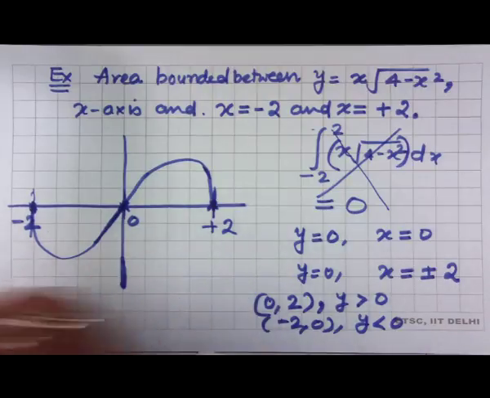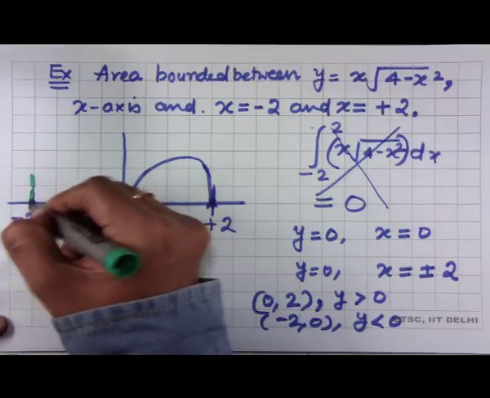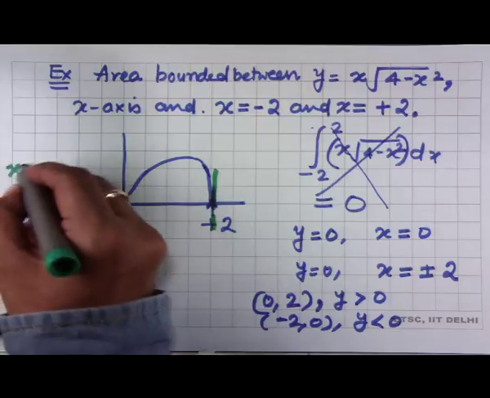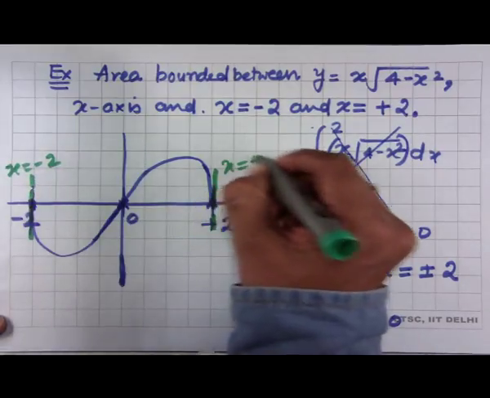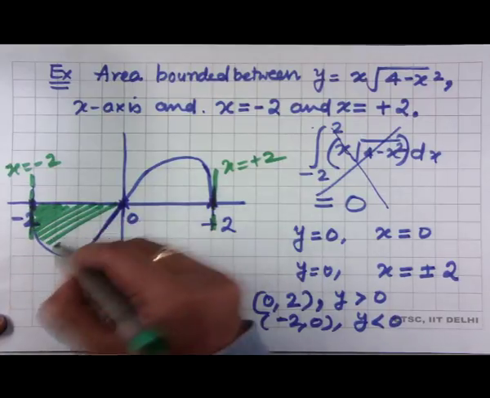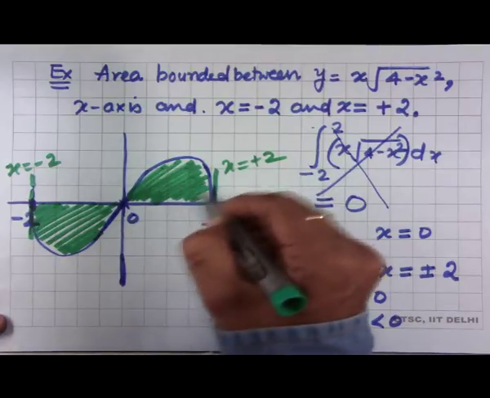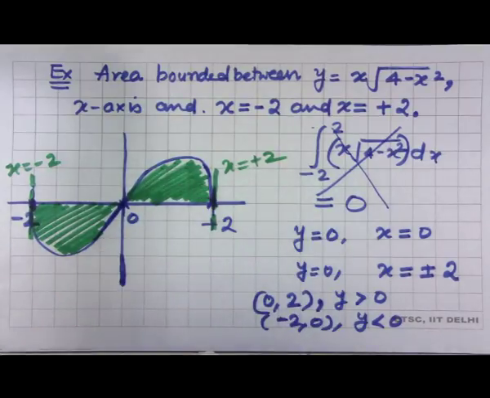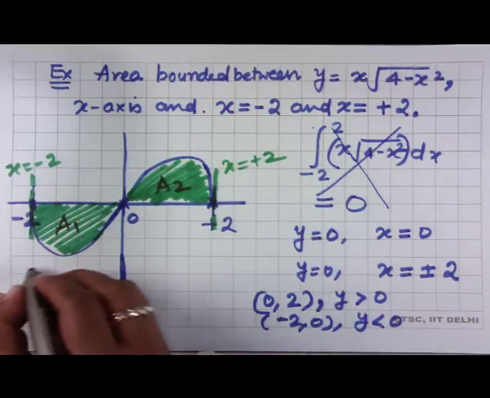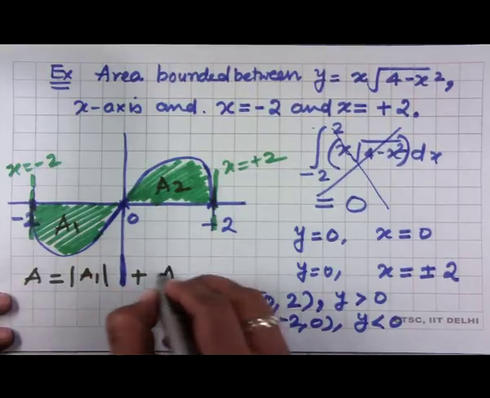So the actual area that we are looking for, lying between the curve, the x axis and the lines x equals to minus 2 and x equals to plus 2, is this. So total area required will be, say this is A1 and this is A2, mod of A1 plus A2.